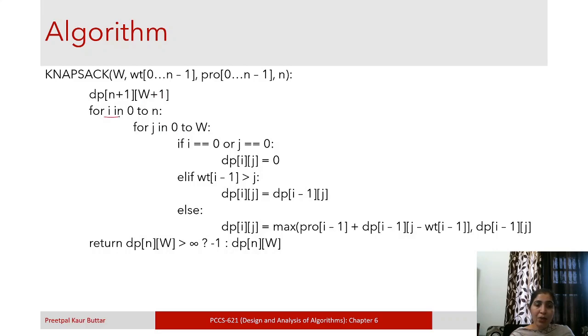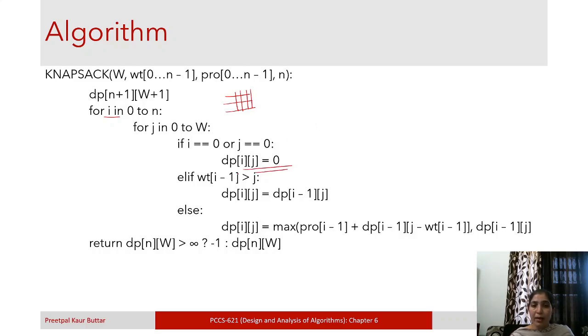The i loop iterates over the rows, and the j loop iterates over the columns. The first condition here is the base case. When i is 0, that is you have no item, or j is 0, that is the capacity of your knapsack is 0, in that case, the solution is 0.